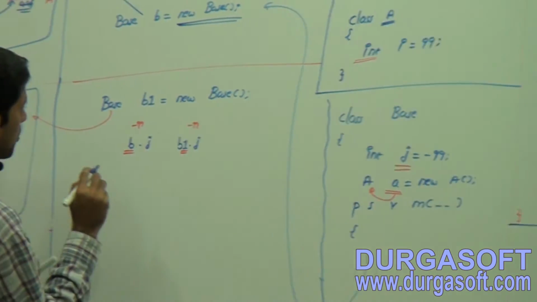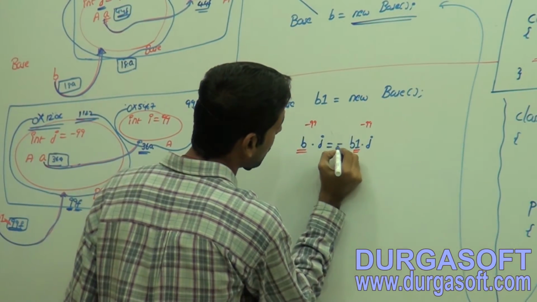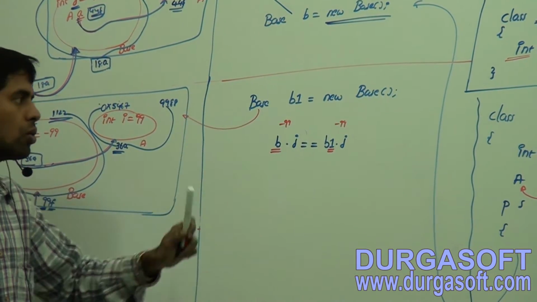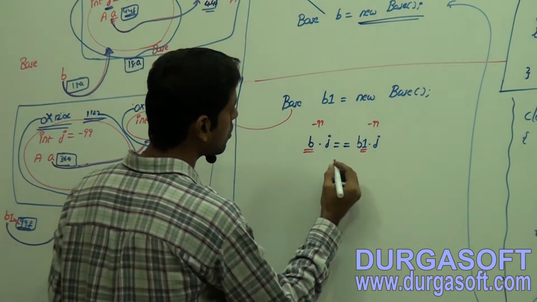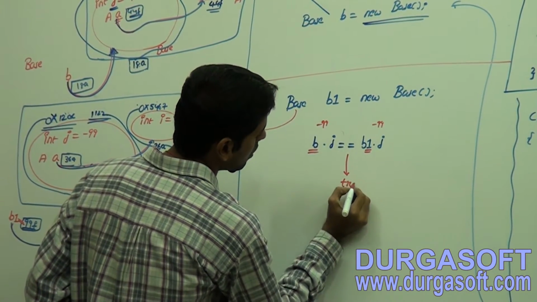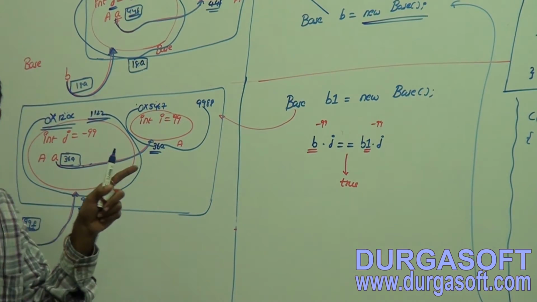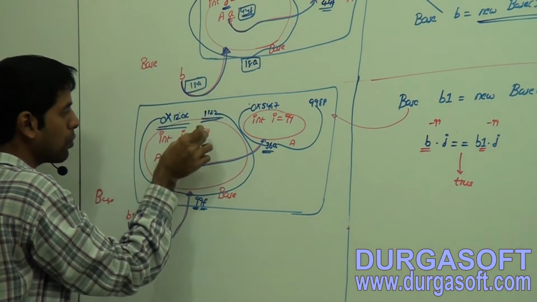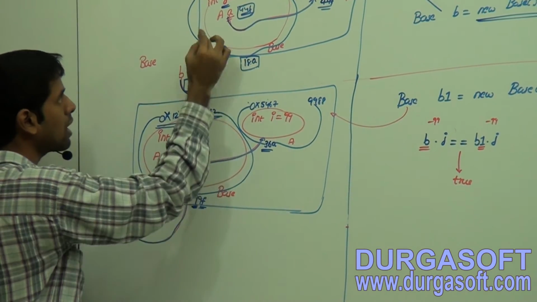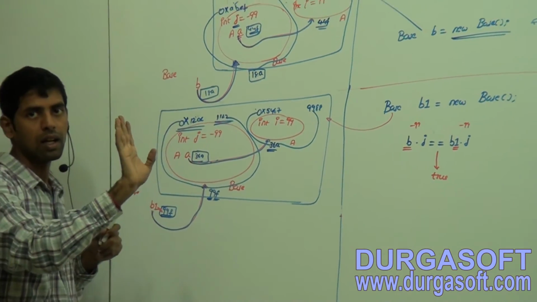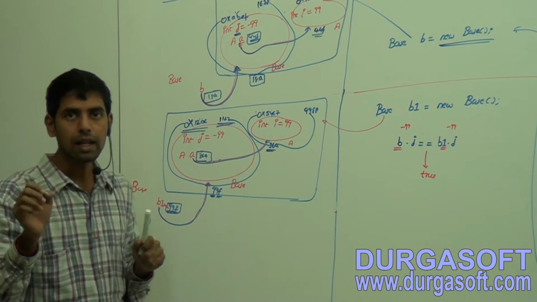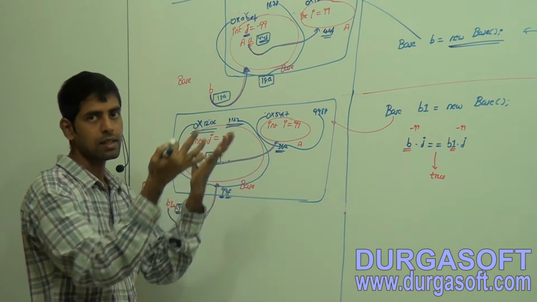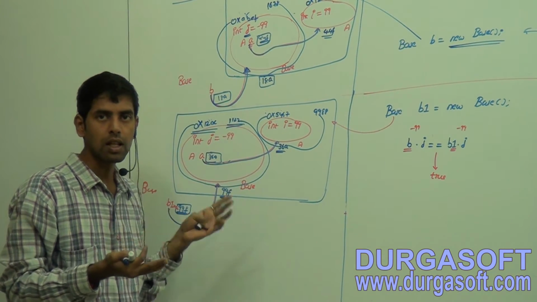Definitely it returns true. But comparing these two primitive variables within this object and within that object is not an appropriate way to say both the objects are the same.